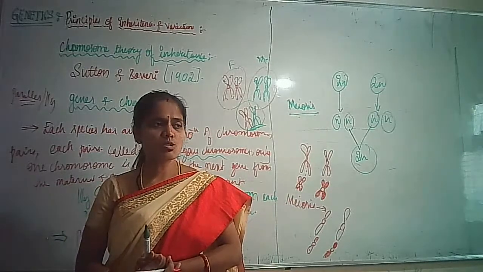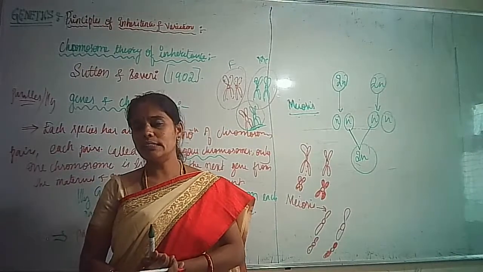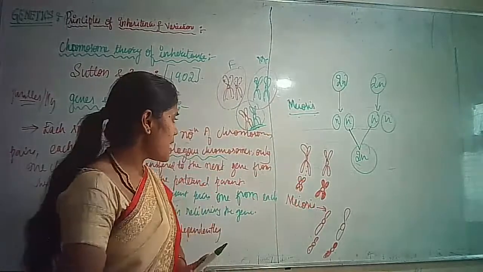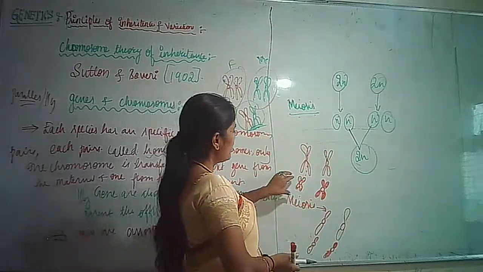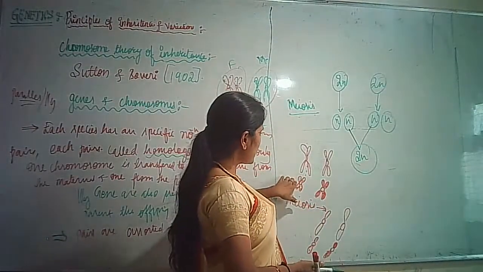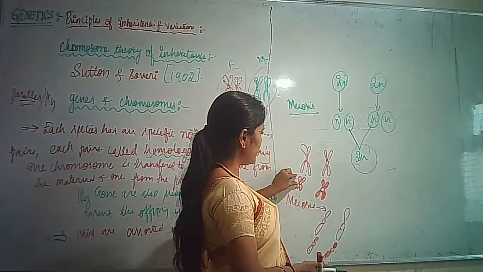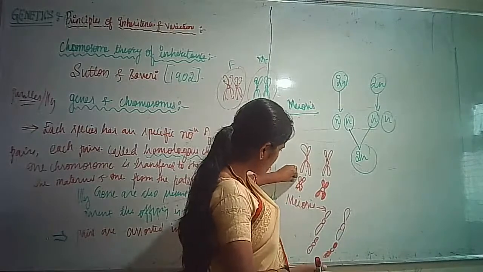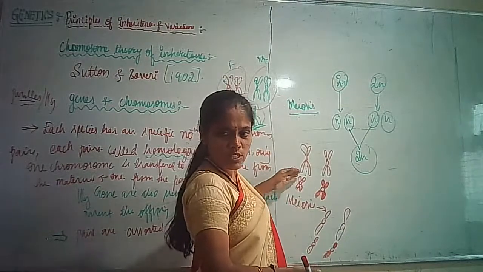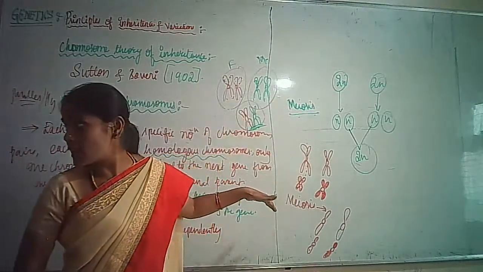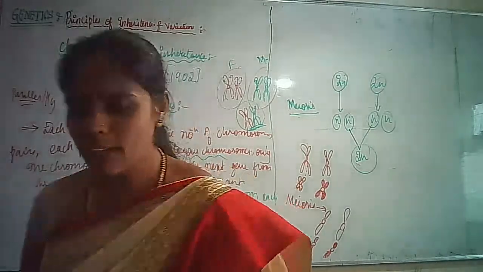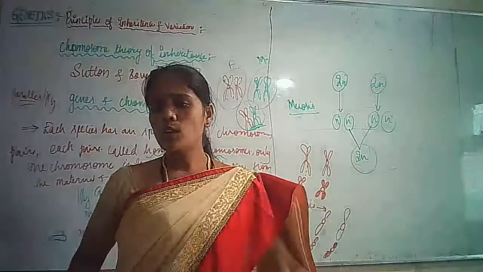Later T.H. Morgan started working and concluded that there are sets of genes located very closely on the same chromosome, which are inherited together to the next generation.